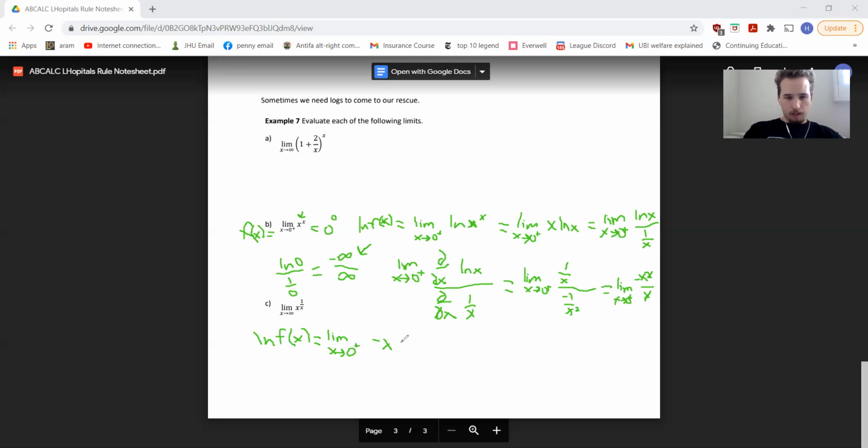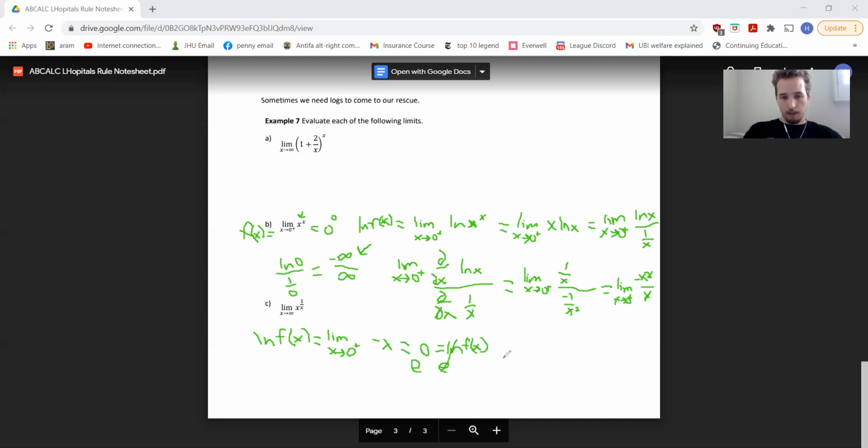Okay, when you plug in 0, you just end up getting 0, right? It's just a negative x, so plugging in 0, you get 0. Now, this is equal to ln f of x. So we have to e both sides.